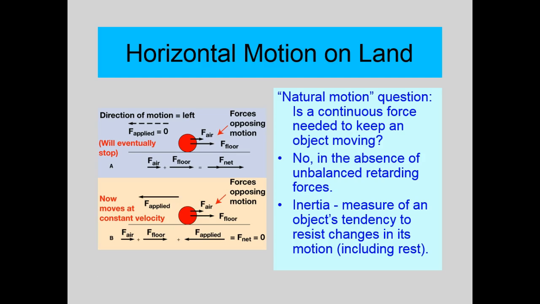Now, if I did the same thing with a ping pong ball and rolled it just as hard as I could at you, no problem at all, because it doesn't have as much inertia. Not nearly as much, so very little tendency to resist changes in its motion.